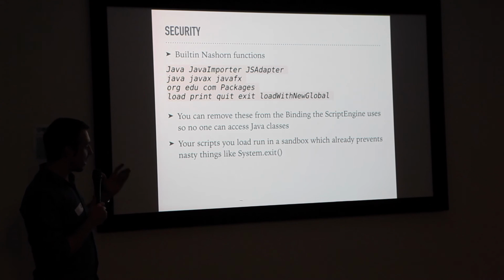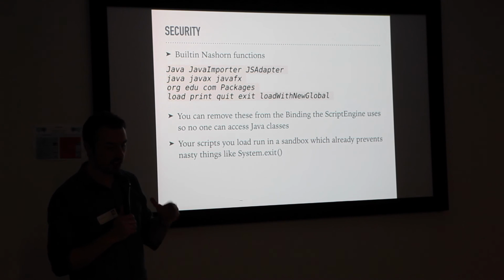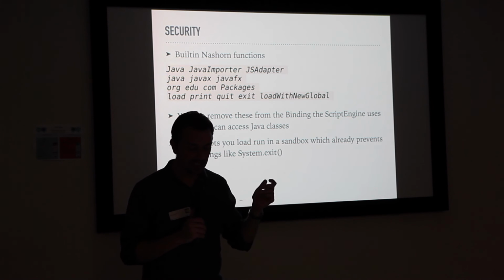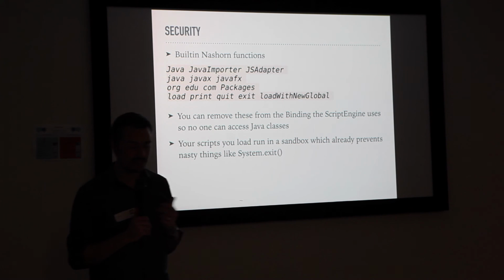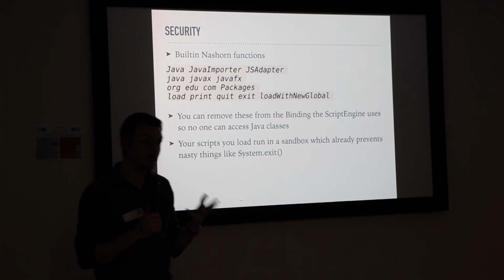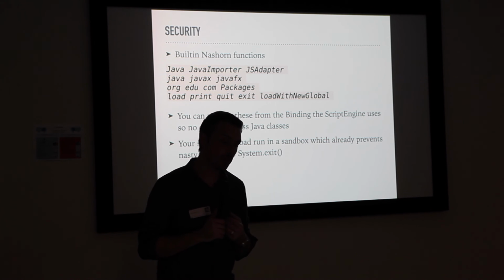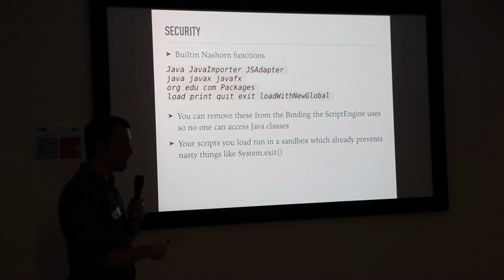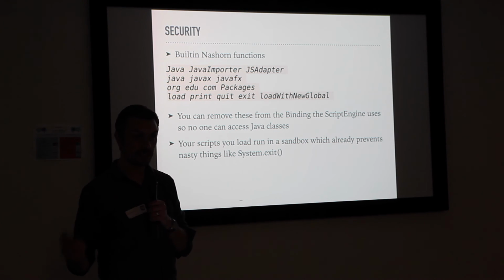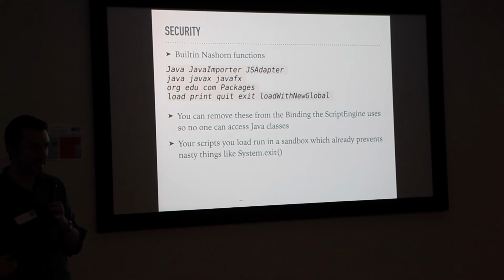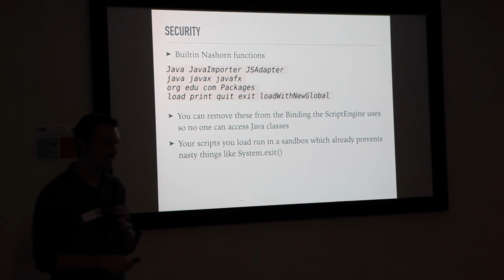The one thing I wanted to clarify though was that there is quit and exit. You can't do those things in a running JVM. You can't do a system.exit. So a lot of people go, oh, well, I want to stop using Java, because people will then just bring up the system object and do system.exit. But you can't, they've actually already created a sandbox around that, so you can't do things like that.